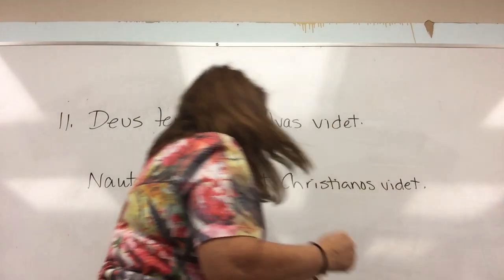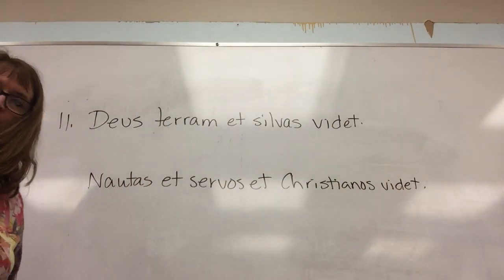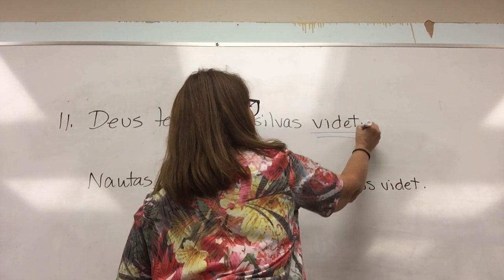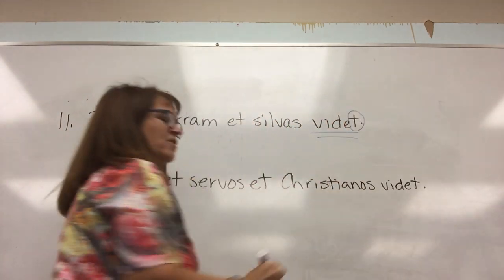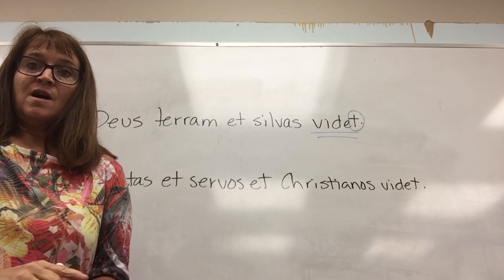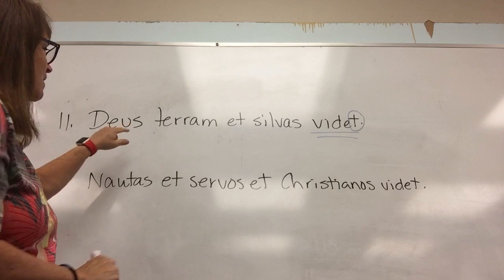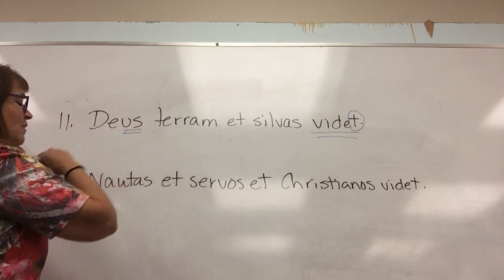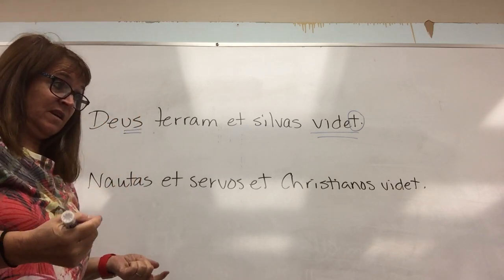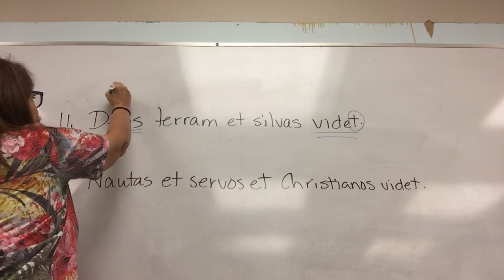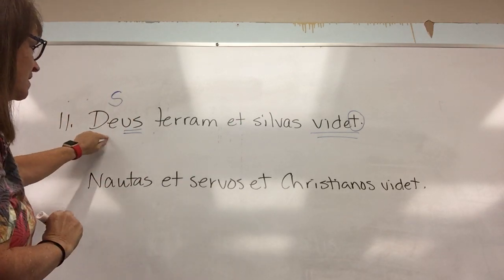So let's start with our top sentence. Okay, so we have, oh look, verb with a singular ending T. So I'm looking for a singular subject. So let me check my first word, Deus. I know that's servus, servi, servo. Ooh, definitely nominative singular, so I'm going to make that my subject.